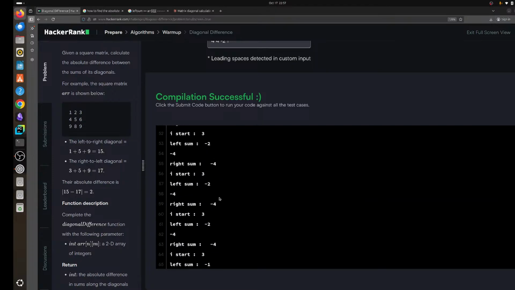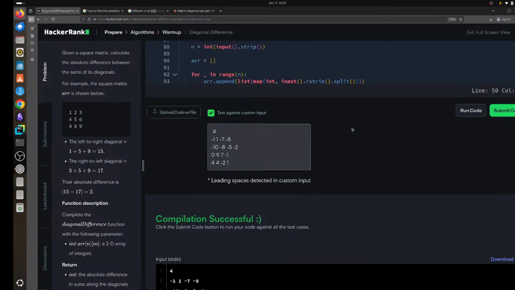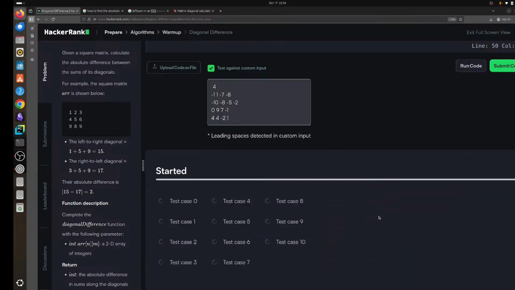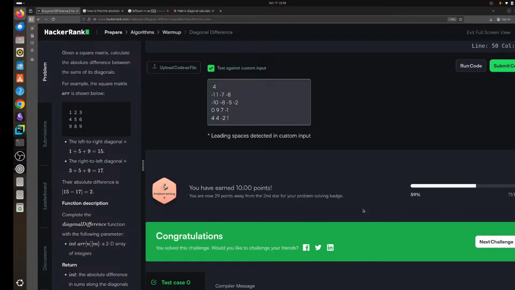Output is one, right? Now try to submit the code and let's see. It's taking a long time. Yes, got it.